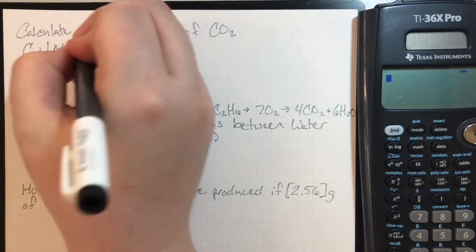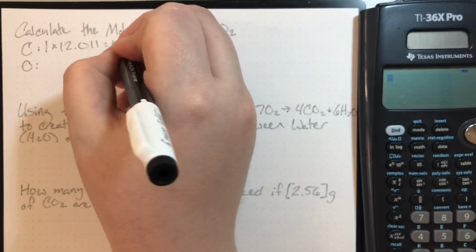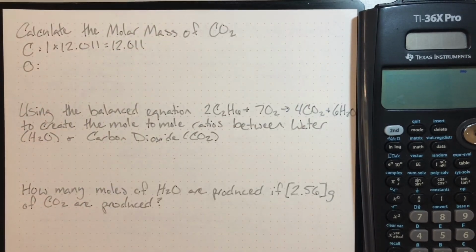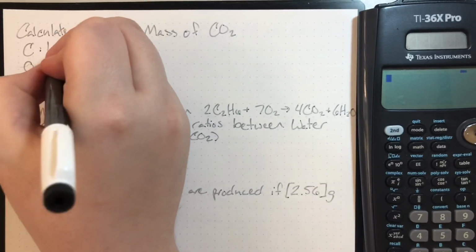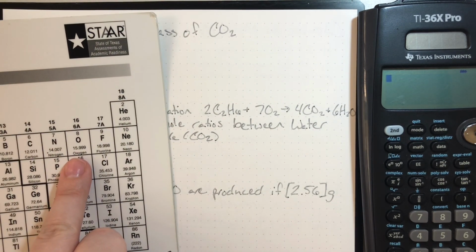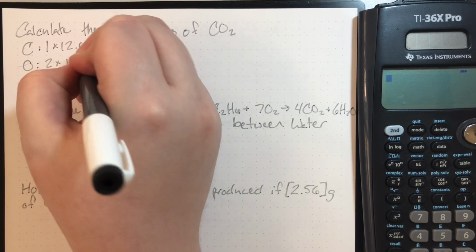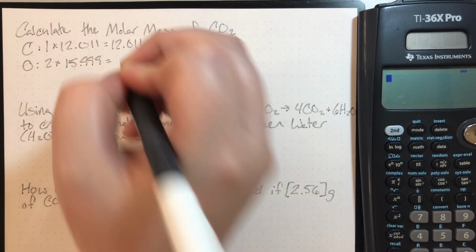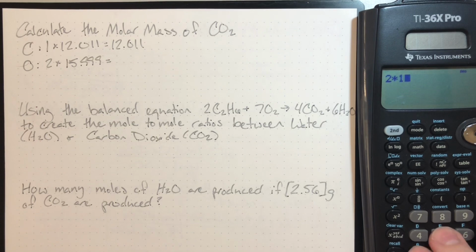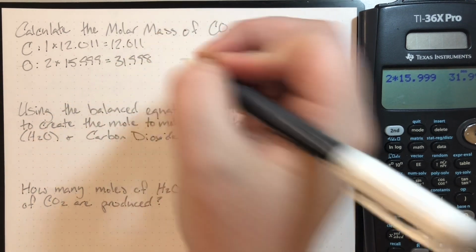1 times anything will give you that thing, so 1 times 12.011 will give me 12.011. Oxygen subscript is 2, so 2 times, and the mass from the periodic table is 15.999. Two times 15.999 will give you 31.998.